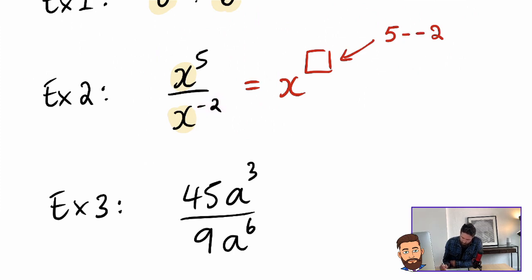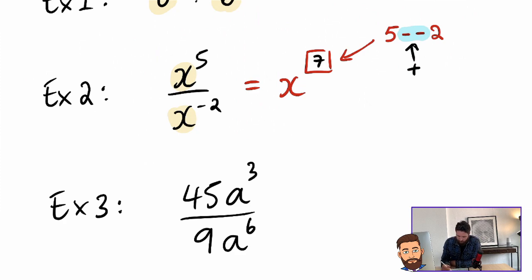Because the rule says we need to minus the powers, and the second power is negative, so you end up with a double negative, which you should know becomes a plus. So the power for this one, a lot of students will write 3, but it's not 3. The power for this one is 5 minus 2, and 5 minus 2 means plus 2. So 5 plus 2 is 7.